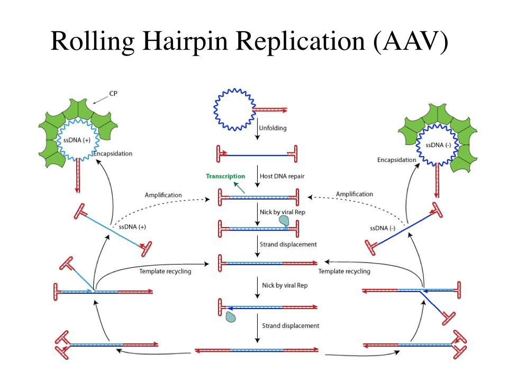That's where you're starting. So you have the single-stranded DNA that comes in, it's unfolded, and then you get the nick, strand displacement, and replication continues. And either negative strand or positive strand can be encapsulated.